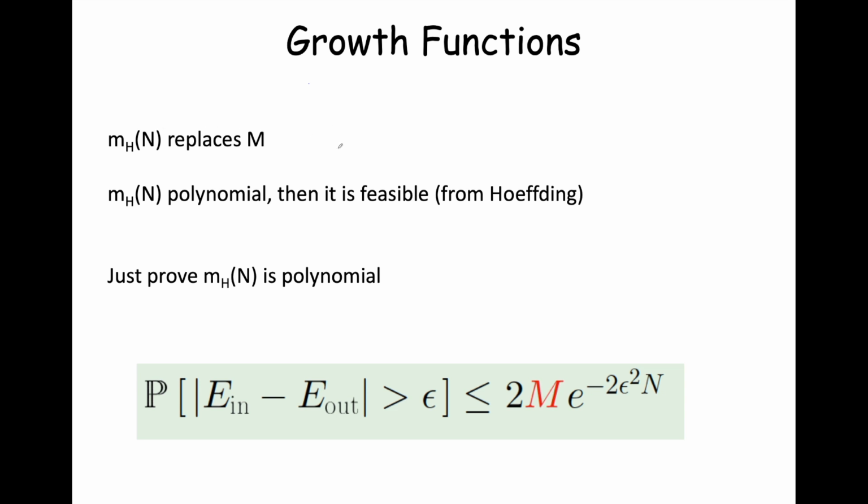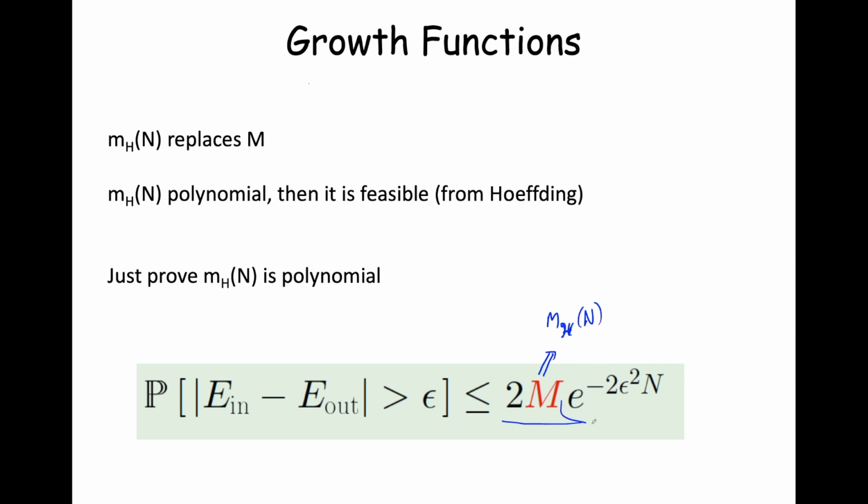Now, of course, given our expression for the union bound of Hoeffding's inequality, if we replace big M with our growth function, m sub H of n, something interesting happens. We said we want Hoeffding's inequality to be such that the right-hand side, that upper bound on the probability of a bad thing happening, E in diverging from E out, will be small. How do we make this right-hand side small?